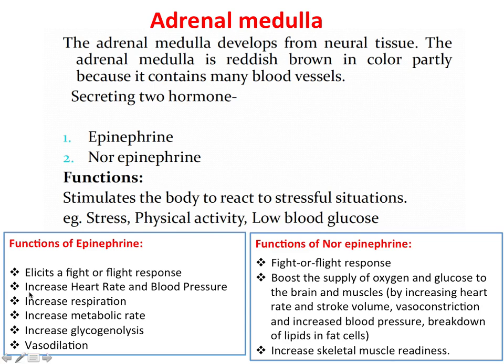It can increase the heart rate and blood pressure, increase respiration rate, increase metabolic rate, and increase glycogenolysis and vasodilation. Similarly, norepinephrine is also a fight or flight hormone. It induces the supply of oxygen and glucose to the brain and muscle, and it also increases skeletal muscle readiness.